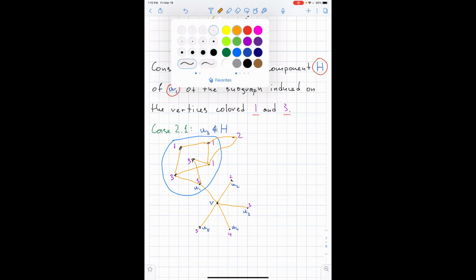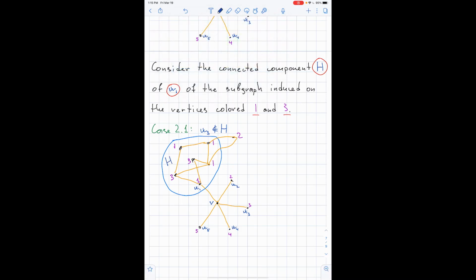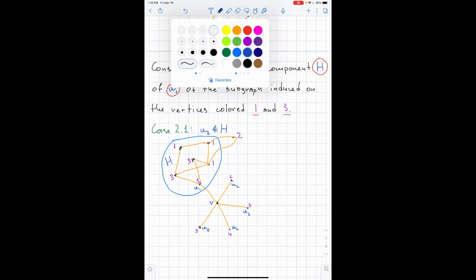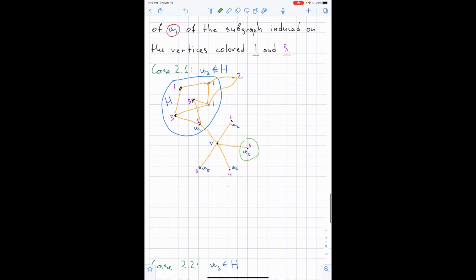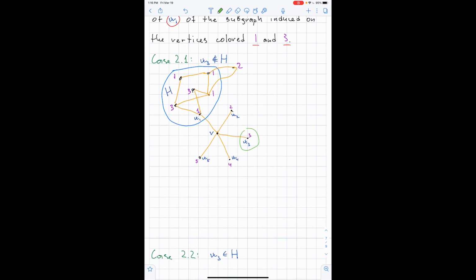So this is our subgraph H here. There are two cases. Note that there is also this vertex W3 colored in color 3. So there are two cases: W3 is outside of H and W3 is inside of H.